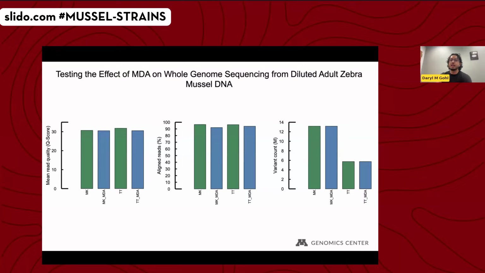And lastly, for the genotypic data, we identified no big differences in the variant count numbers of the samples that we treated with MDA.